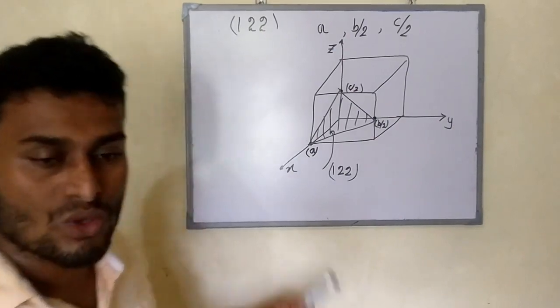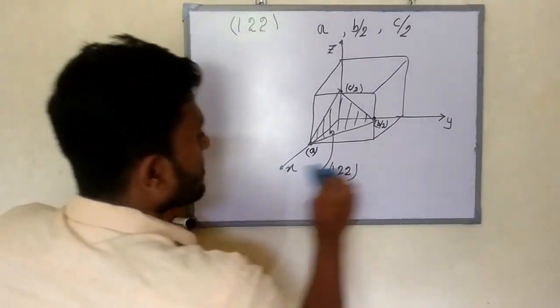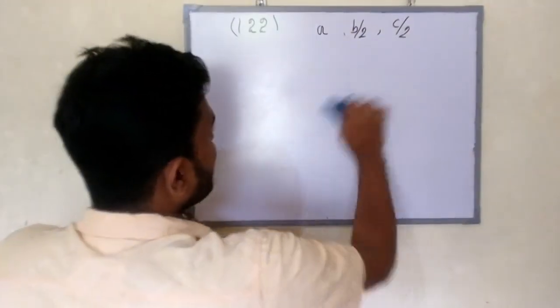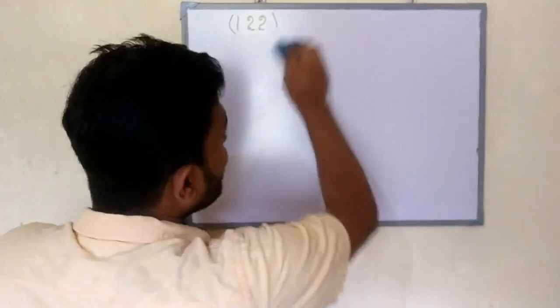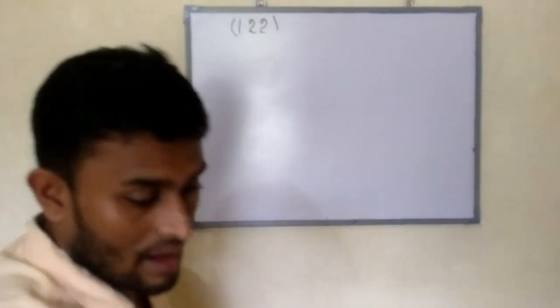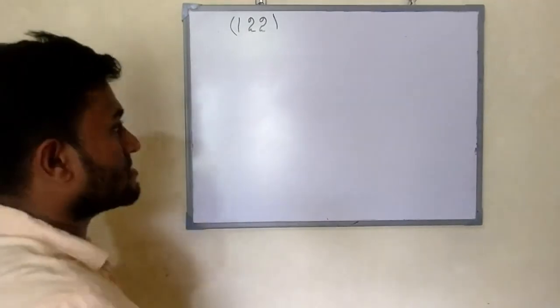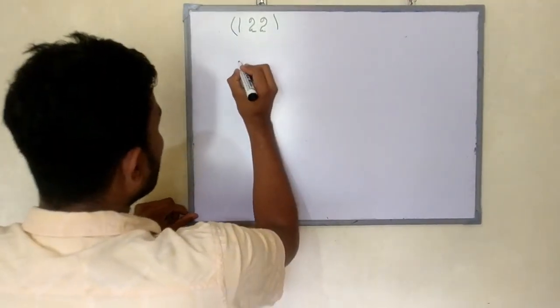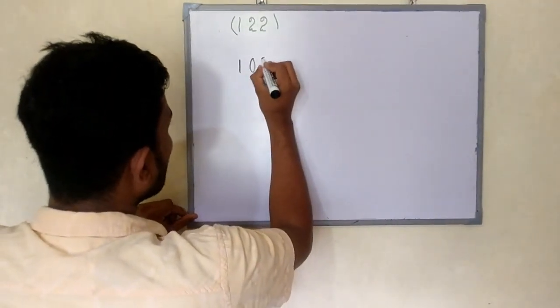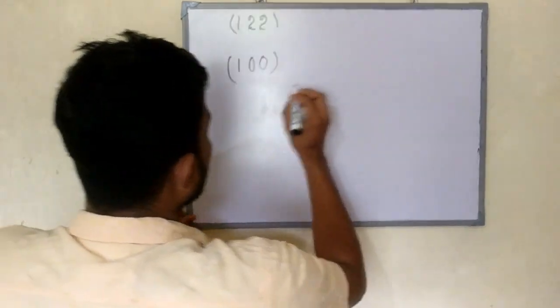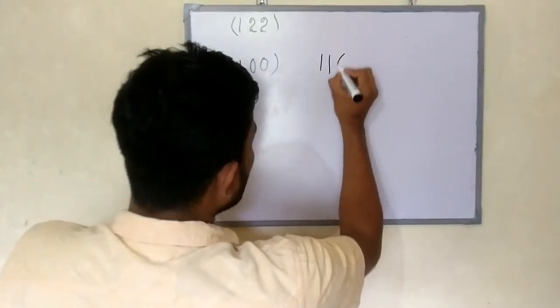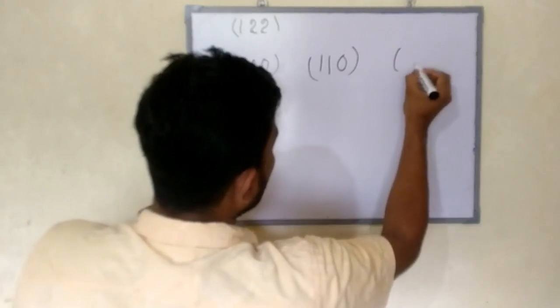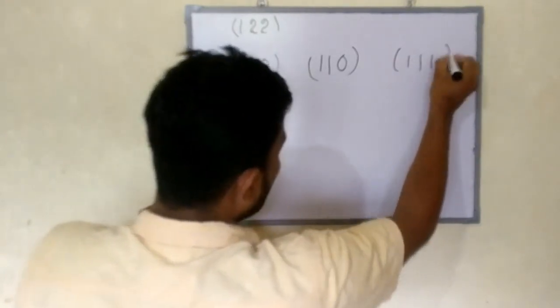So likewise, if the Miller indices are given, you can draw the particular planes. Likewise, you can think about the 1, 0, 0 plane, then the 1, 1, 0 plane, then the 1, 1, 1 plane.